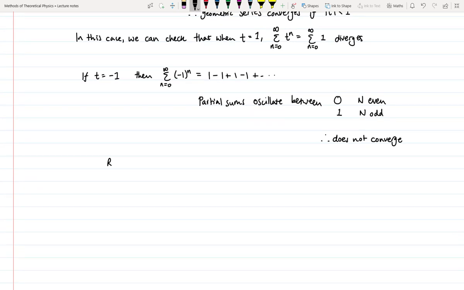Observe that the ratio test told us that the absolute value of t was less than 1, which means that t lies between minus 1 and 1. This is an interval of convergence.